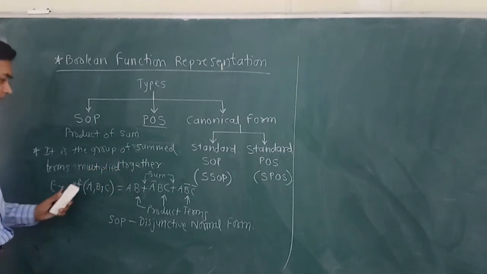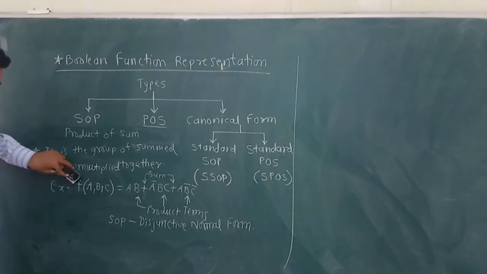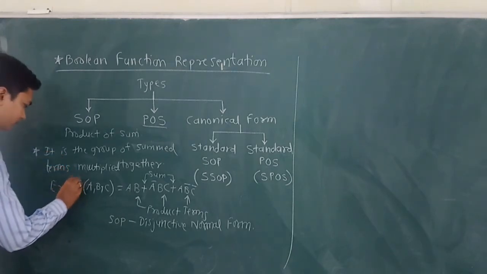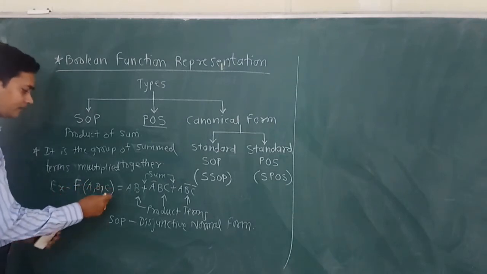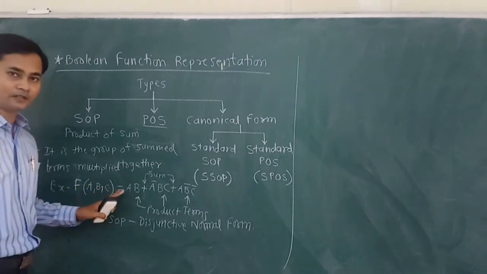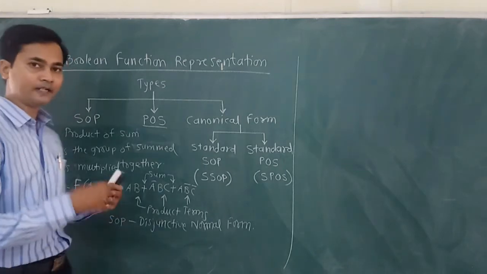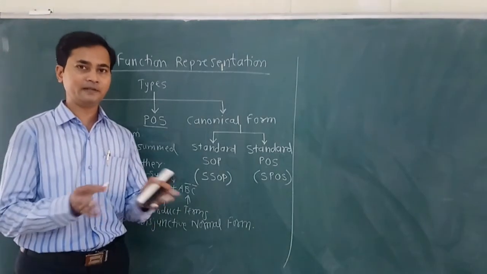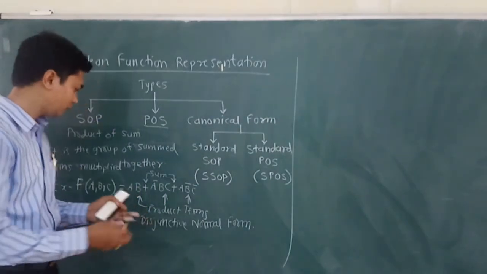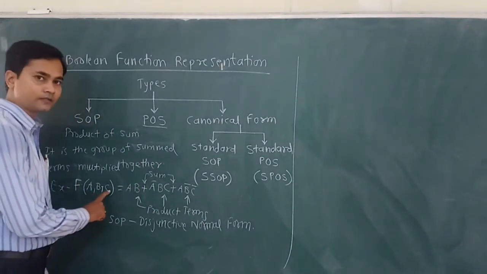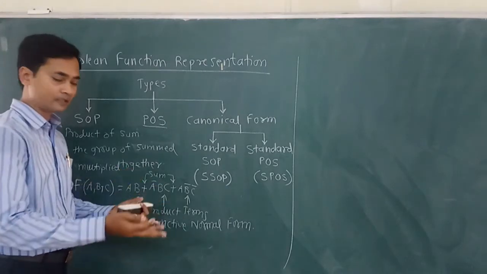It is represented as capital F of a, b, c. This is just an example. You can consider multiple variables also. There is no limitation on the number of variables. You may have 2 variables, 3 variables, or n variables.